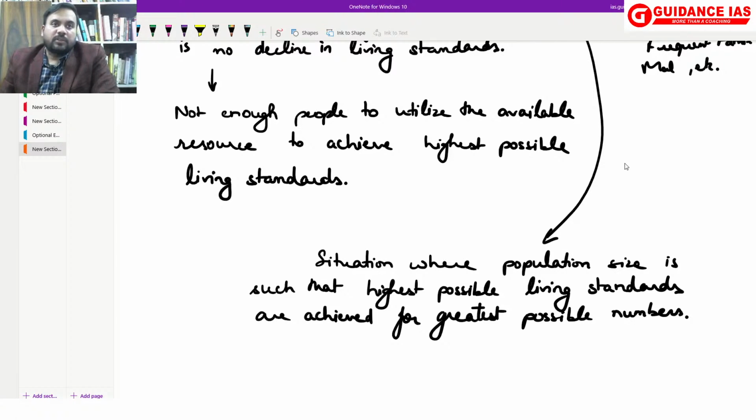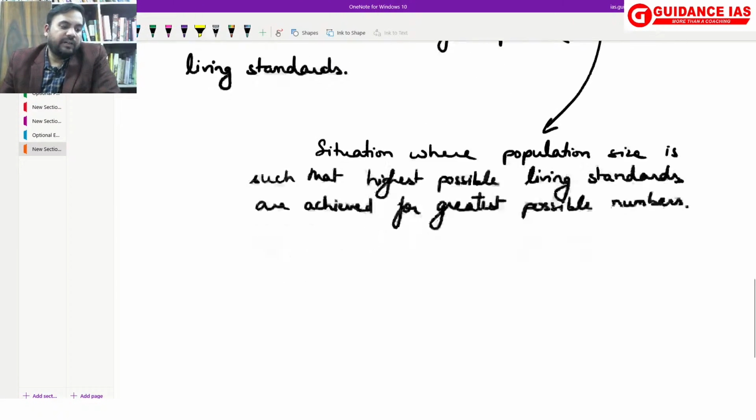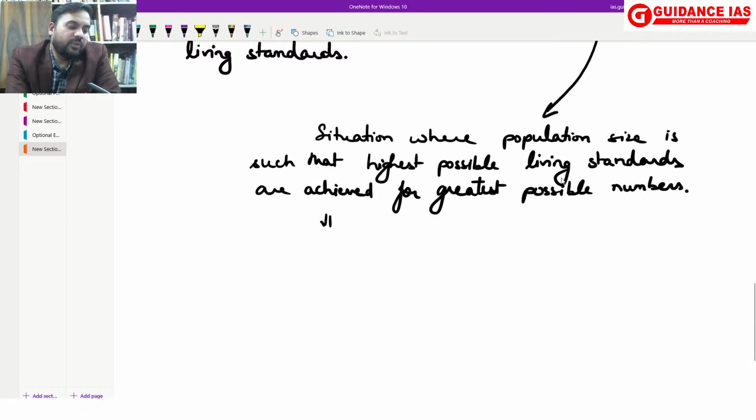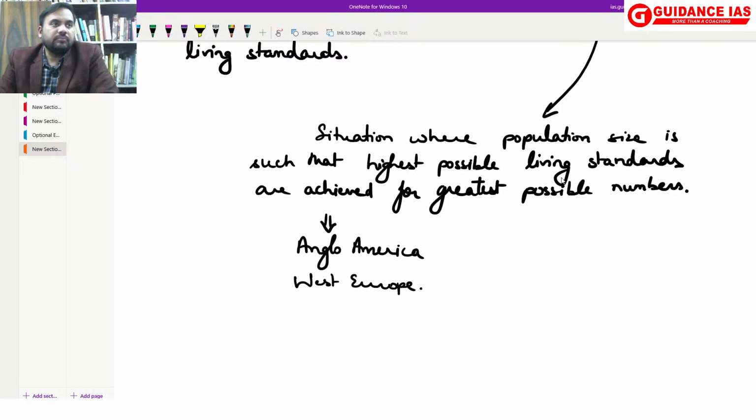For the greatest possible numbers. If I have to talk about examples of this, Anglo America, we will say, is near that. West Europe, etc. ठीक है. So in the first part, in the main body, we will be writing three paragraphs, one on each of the three. ठीक है.